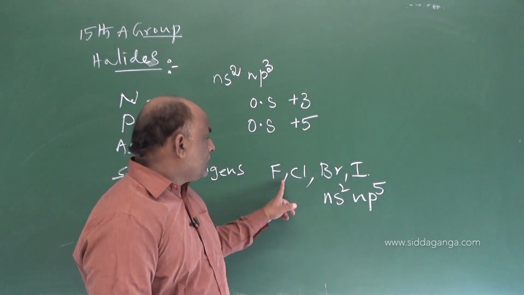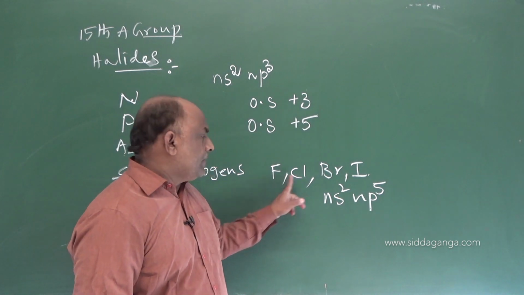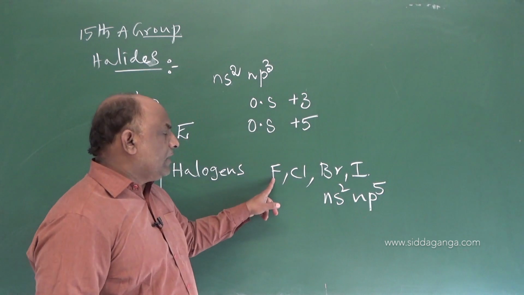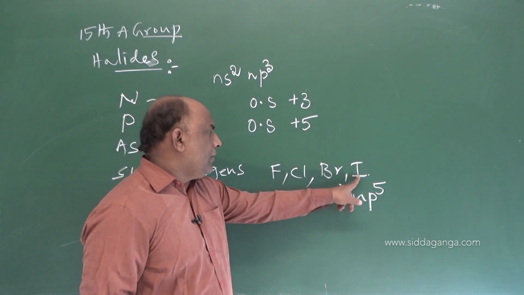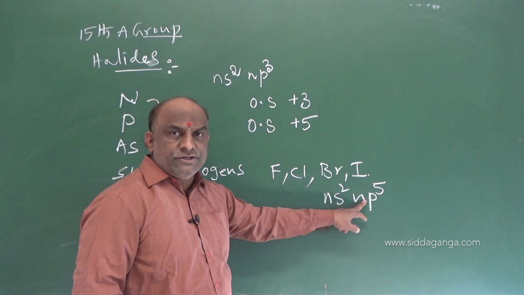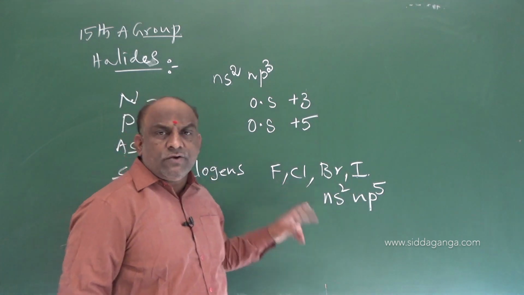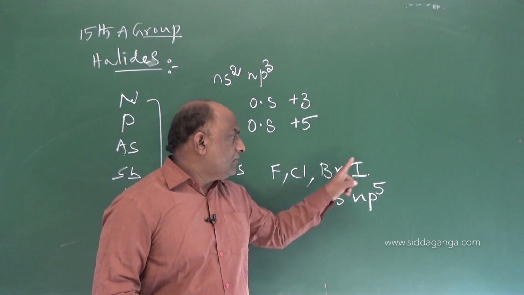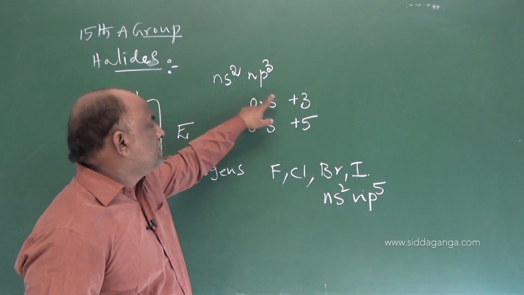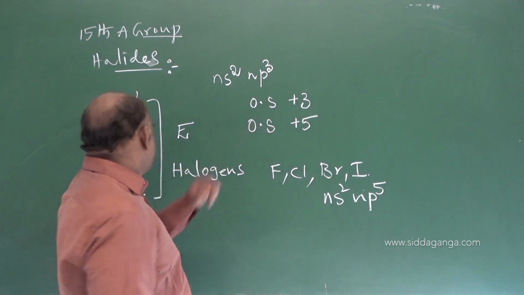But for octet configuration, we consider 1 electron required. Fluorine, chlorine, bromine, iodine each require 1 electron for octet configuration, so each halogen has one unpaired electron. Nitrogen's general oxidation states are +3 and +5.